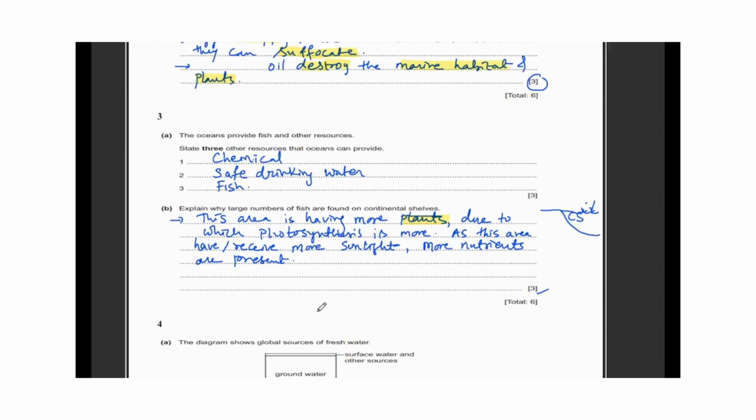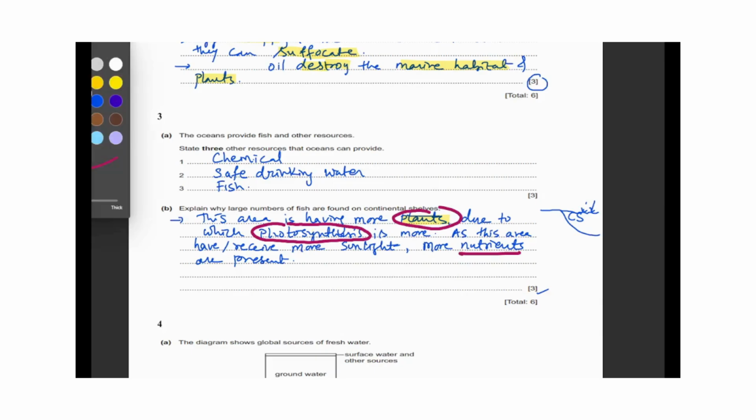So this area is having, so I will use pen only, better, with a different color. So these are the key points. One is plants, then we have photosynthesis, and the next one is nutrients. Fine. These are the keywords for the 3 marks question.